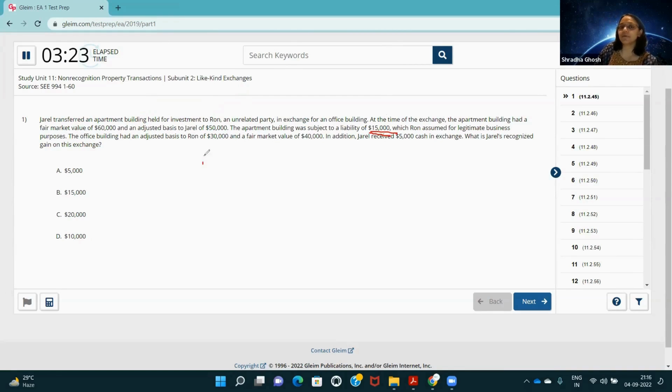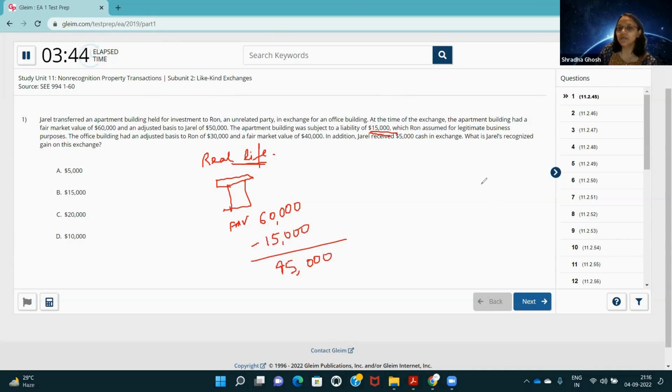Now guys, always remember that in real life, nobody is a fool. So in real life, what is happening? He's giving you one building, and that building has a basis in his books of 50. The fair market value was 60. And he's also transferring a liability to you. So basically, what you are giving me is worth $45,000 in today's world.